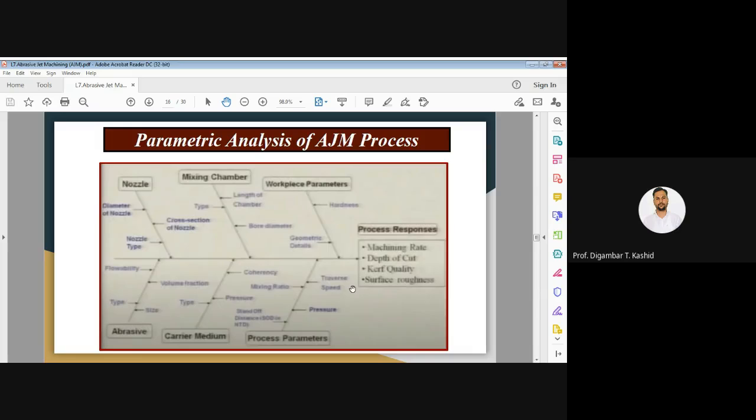The depth of cavity or kerf refers to the slot we have made on your workpiece. So that is called the kerf. So the kerf quality and the surface roughness are some of the responses or performance parameters, and they will be affected by these input parameters. I want to highlight what this kerf quality is.